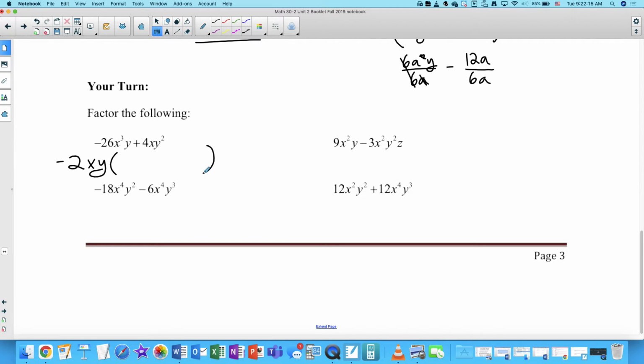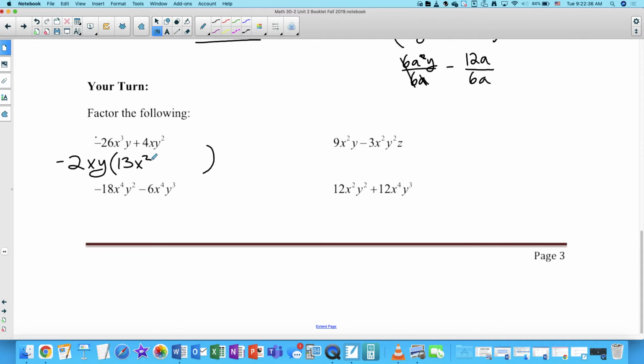Okay, now think about this. What is negative 26 divided by negative 2? 13, yeah. What is x cubed divided by x? X squared. And what's y divided by y? Just 1, so that's it. That's all that's left, 13x squared.